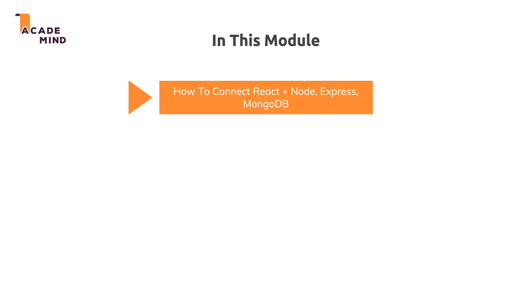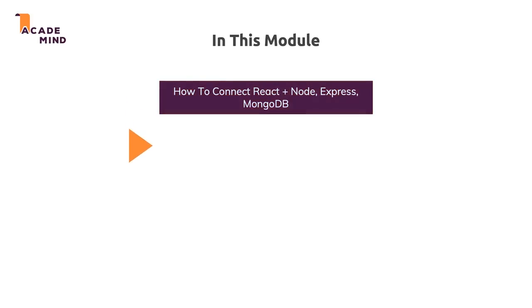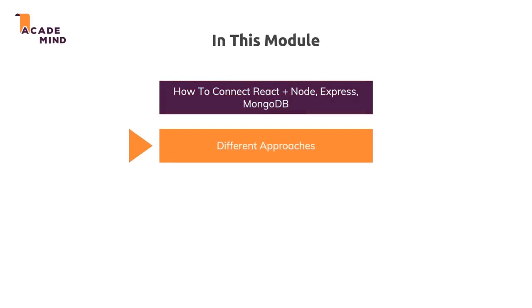You will also learn in this module that there is more than one way of combining these technologies, and therefore we'll have a look at those different approaches, and I'll explain the pros and cons of the different approaches and which approach we'll use in this course. And with that, let's dive right in and let's have a look at the big picture of the MERN stack and how that all works.